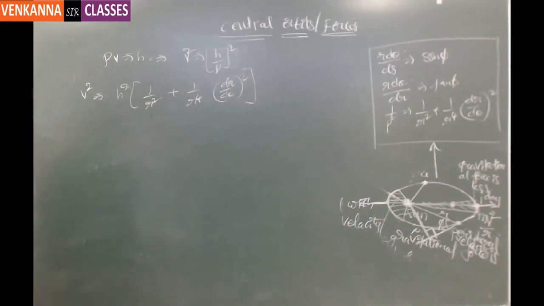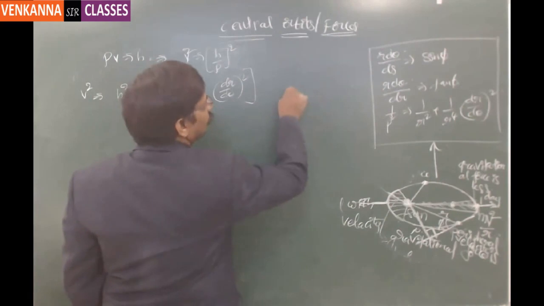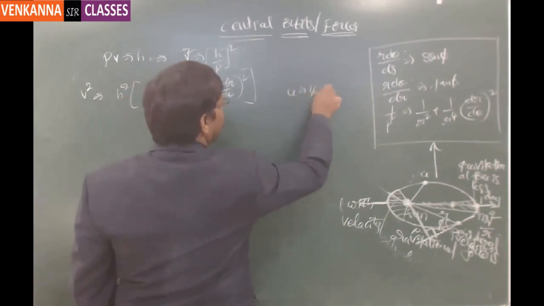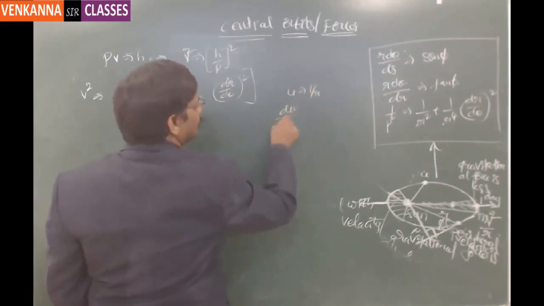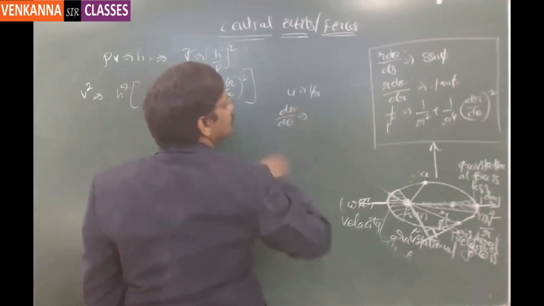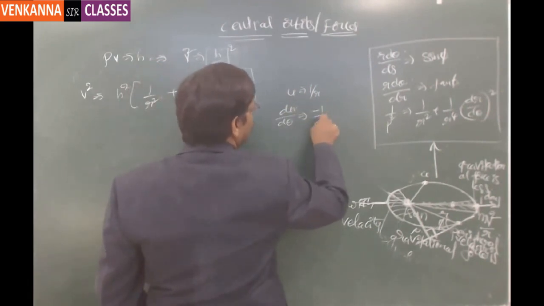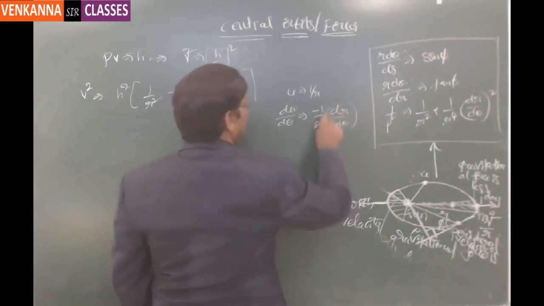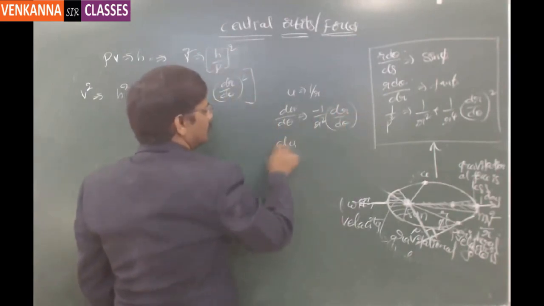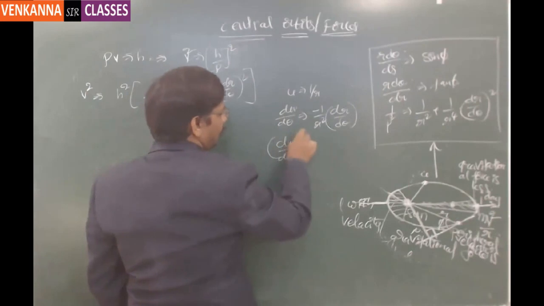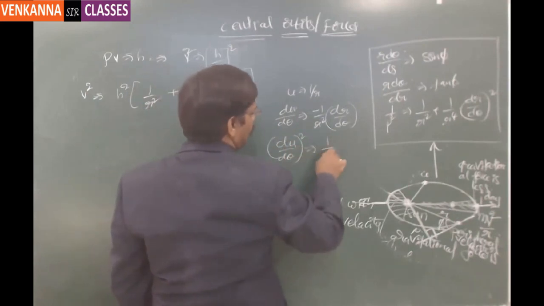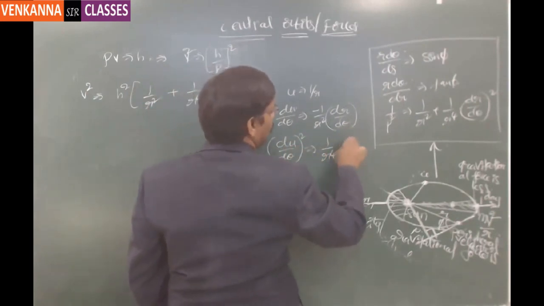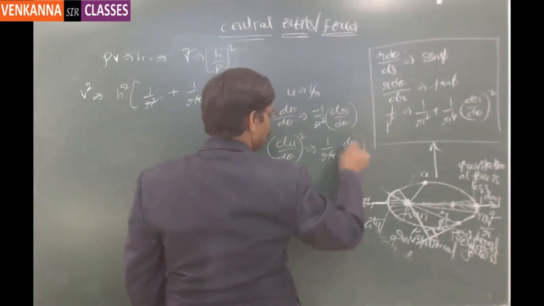Now if you want to replace with another relation, u equal to 1 by r, then du by d theta can be expressed as minus 1 by r square into dr by d theta. If you square on either side, du by d theta whole square is 1 by r power 4 into dr by d theta whole square.